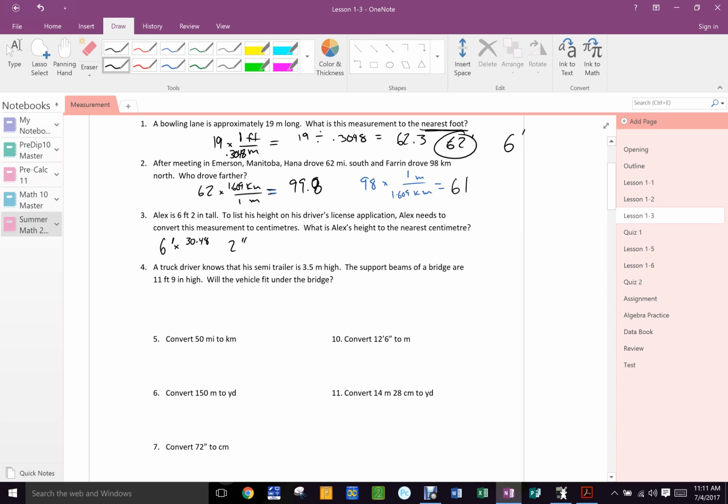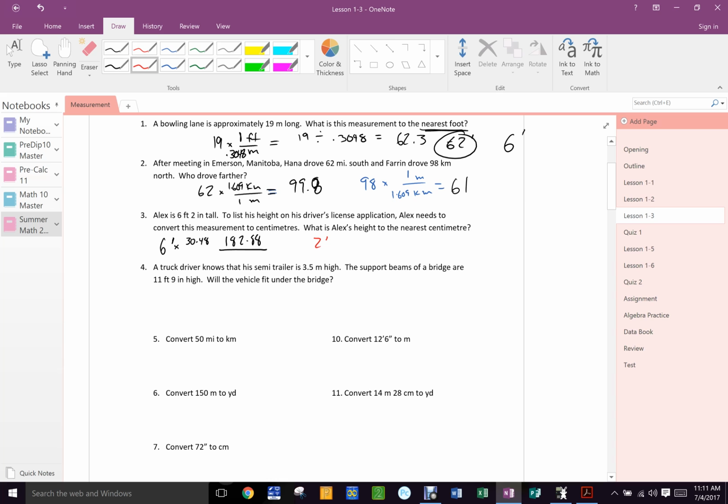Do I even need to write the 1 anymore? No, because the 1's on the bottom. I don't need to write it. So this is a multiply situation, correct? So I do that, and that's going to give me an answer, whatever that is. 182.88.